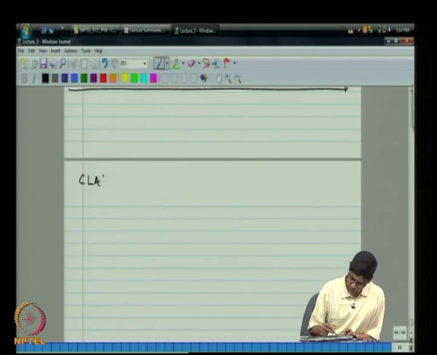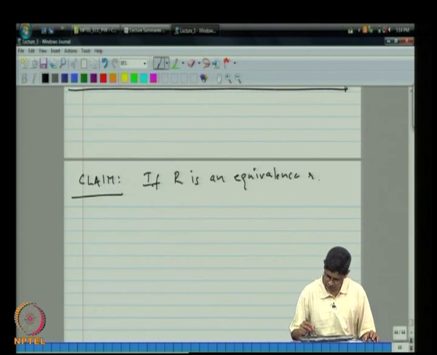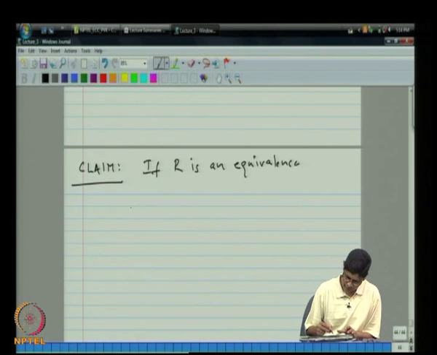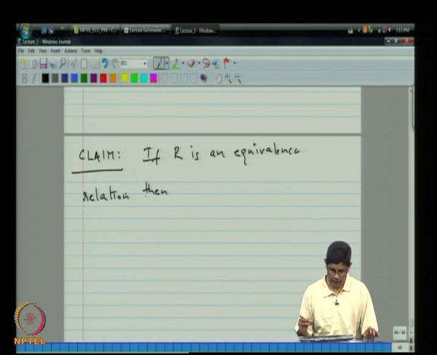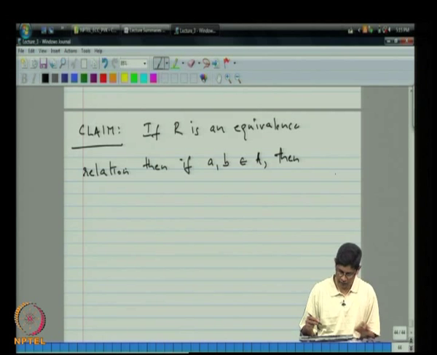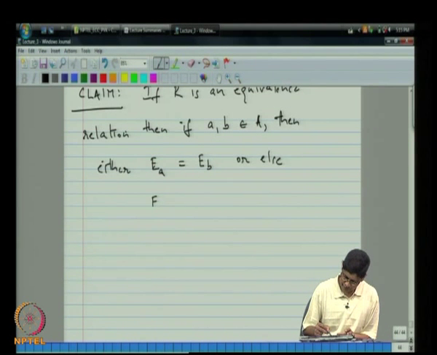Claim: if R is an equivalence relation, then if A, B belong to A, then either E_A is equal to E_B or else E_A intersect E_B is the empty set.